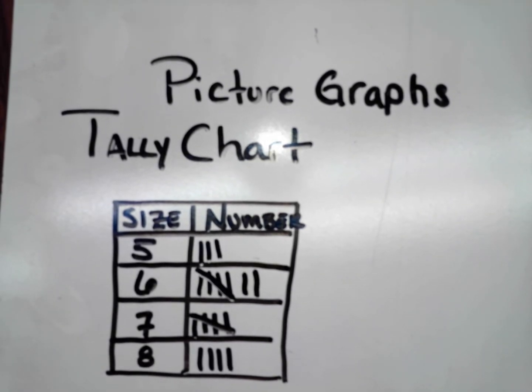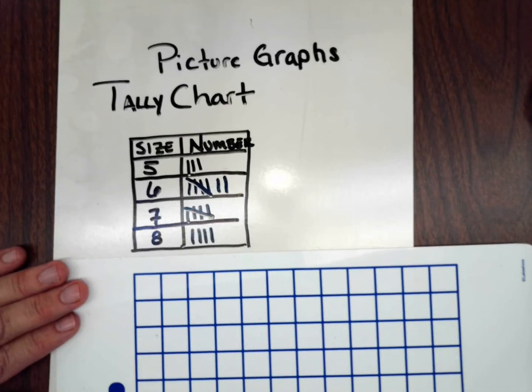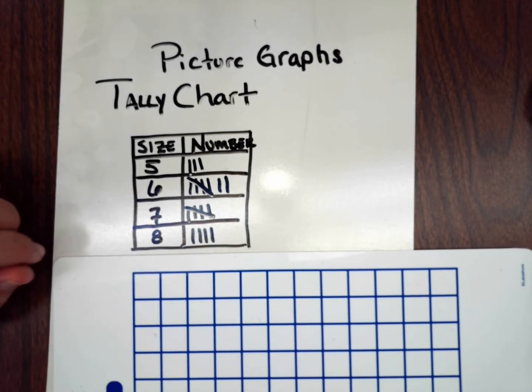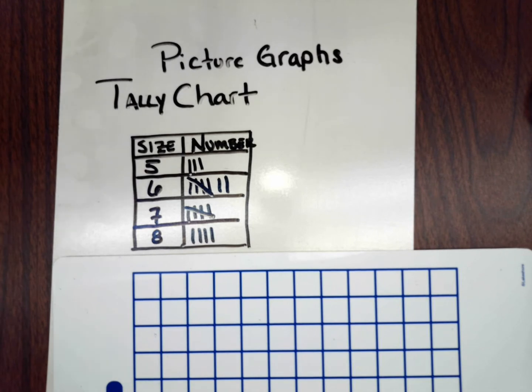So what we can do is take these and then turn it into a picture chart or a picture graph. So when we go from a tally chart to a picture graph, we want to make, well, a picture.